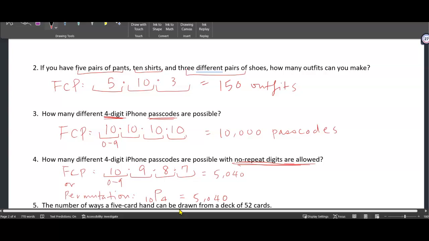Okay, so either way, this is what I call the gray area. Only the fundamental counting principle and permutation have this gray area where you can use both. That is only if they are from the same set. Each task is from the same set, and the choices cannot be reused.